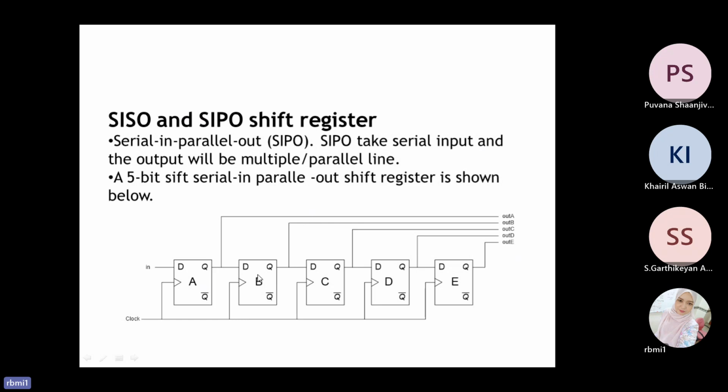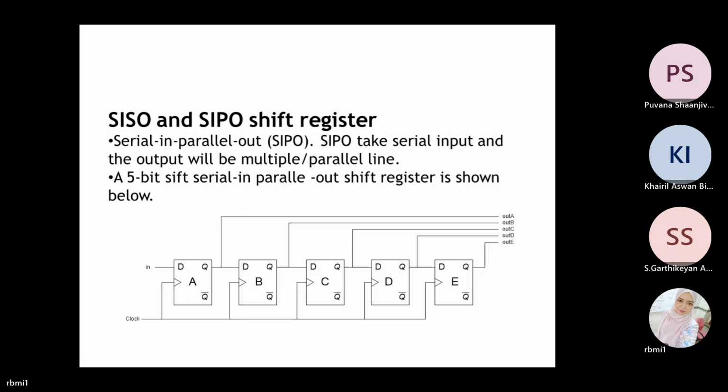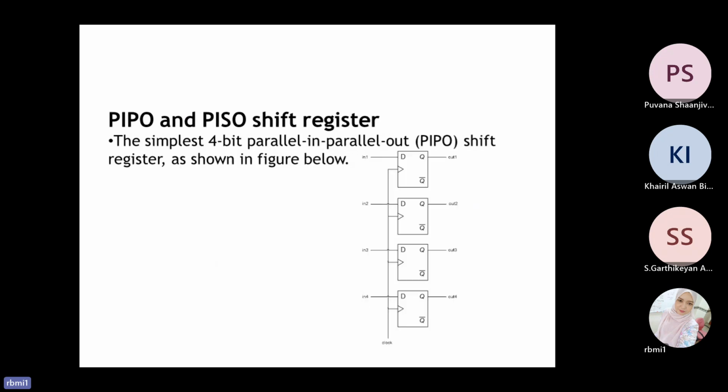For SISO, serial in, serial out, data is entered serially and shifted out serially 1 bit at a time. The output is also like this, in serial. Okay, that's the difference. Output in serial and output in parallel.